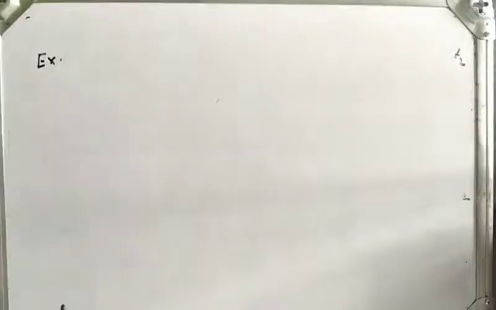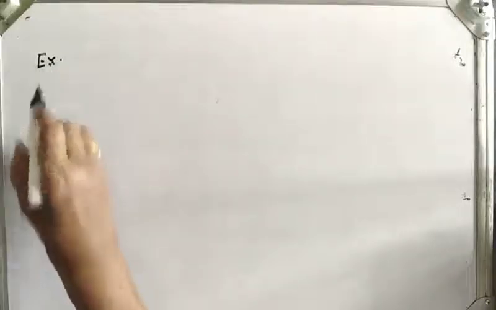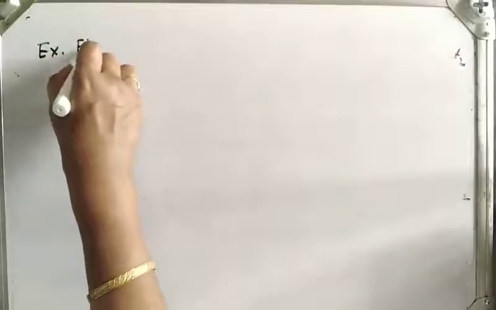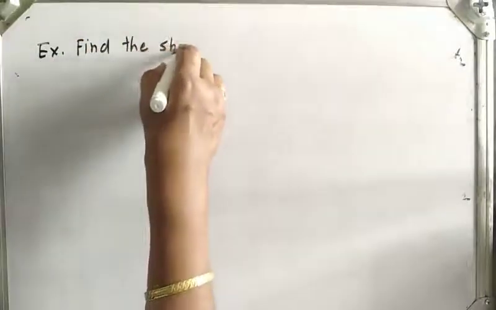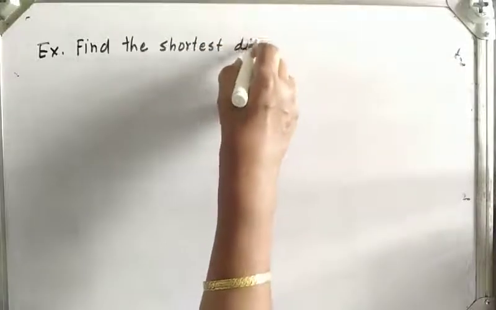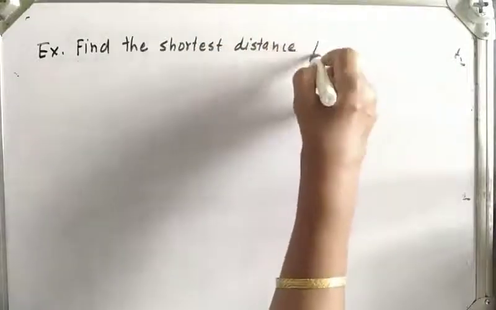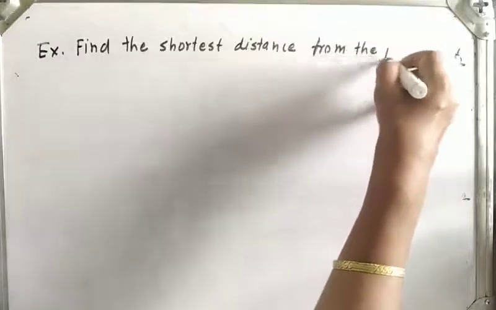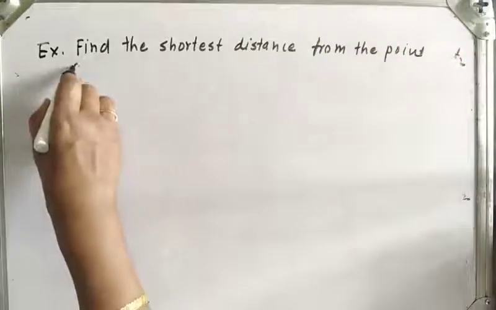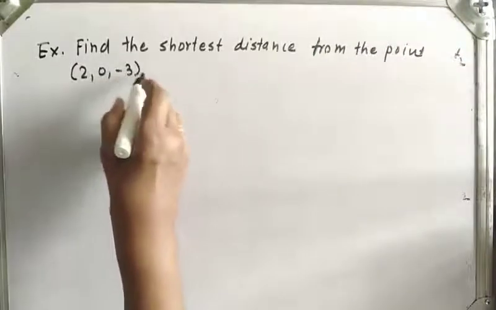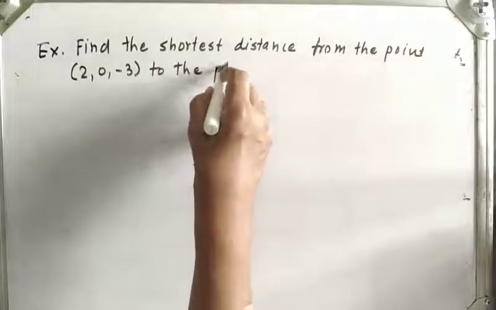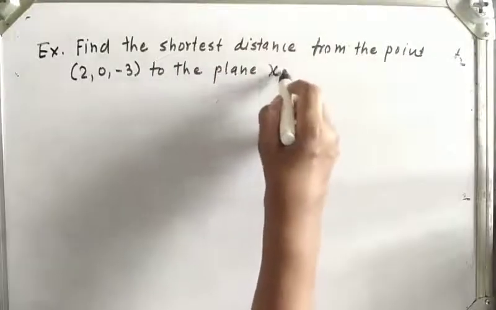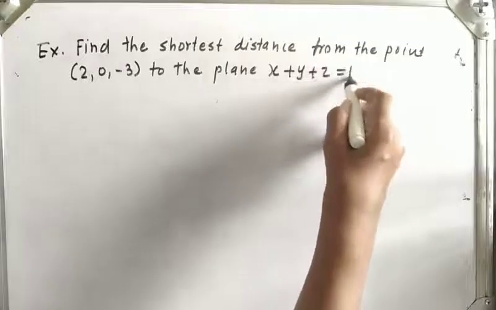In this we will find out the shortest distance between 2 points. For that we will use local maximum and local minimum values. So let us solve the example. Find the shortest distance from the point (2, 0, minus 3) to the plane x plus y plus z is equal to 1.